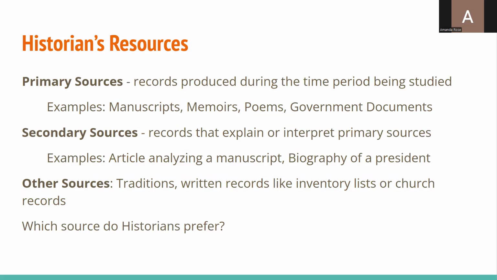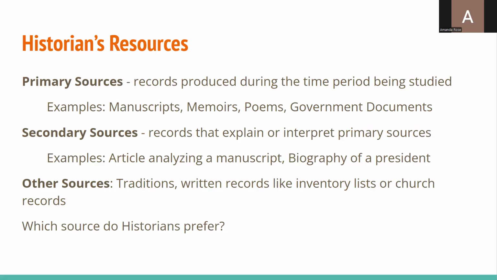The second thing that historians study is secondary sources, which are records that explain or interpret primary sources. So obviously, historians prefer to base their work on primary sources, but for some periods, there's not much available. And so what we know is from secondary sources.